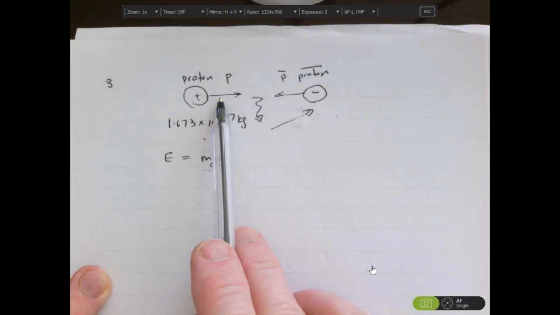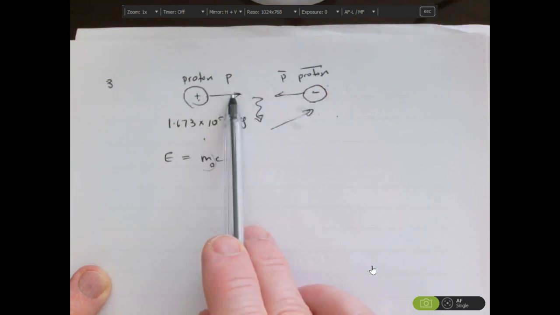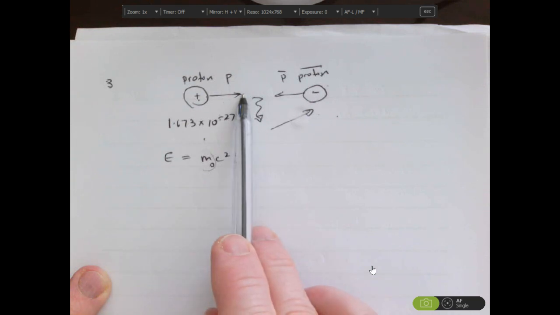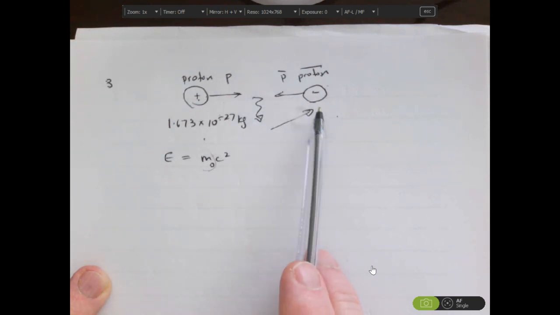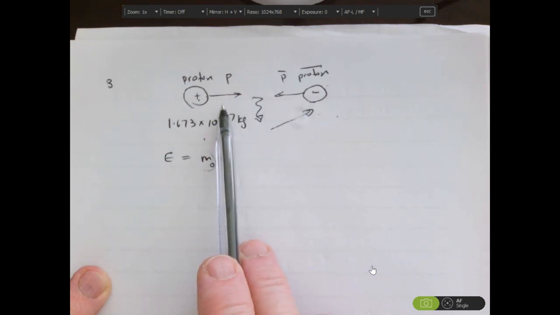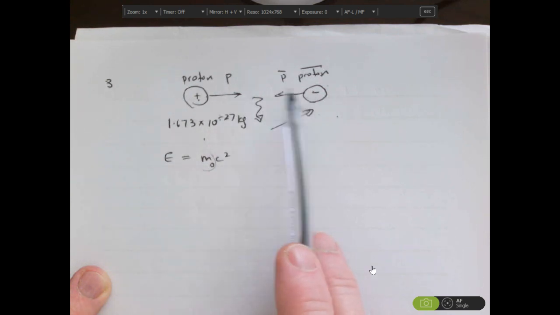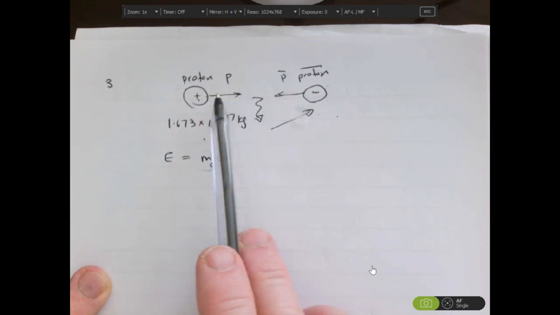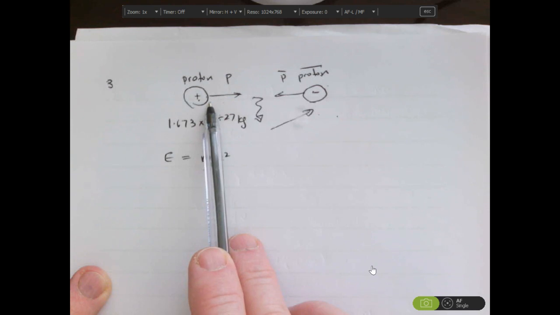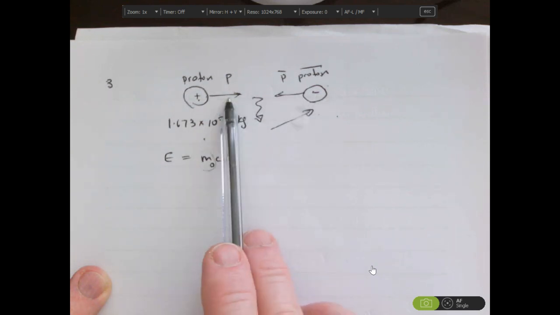We're not going to take into account their kinetic energy. We're just going to simply make these two meet. If they were traveling relativistically, we might have to take into account that there is some kinetic energy involved in this, and we would have a larger mass recorded.